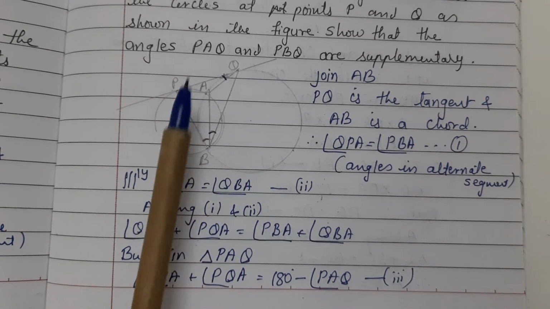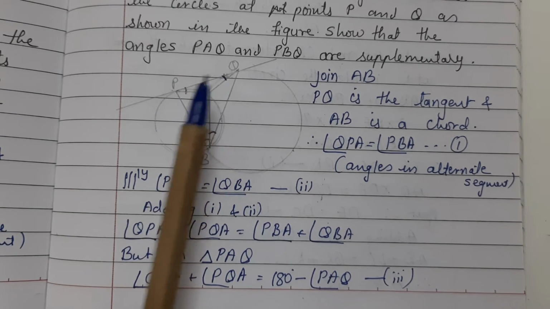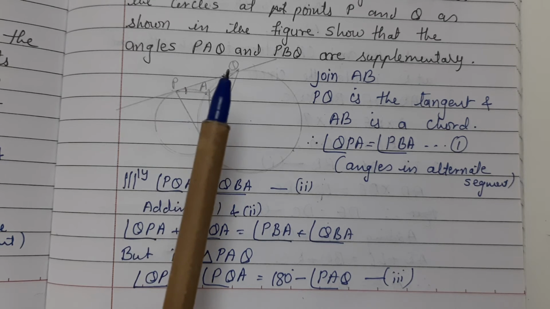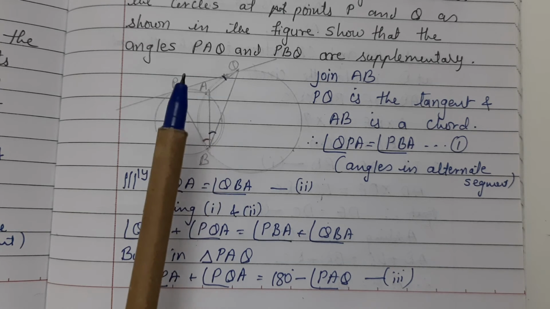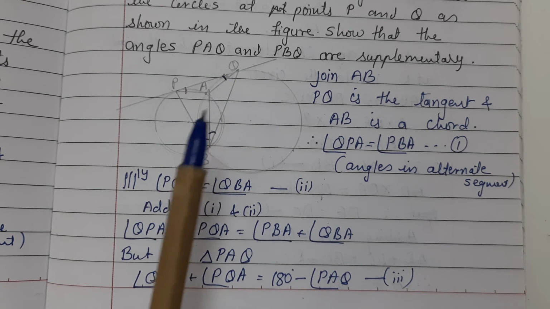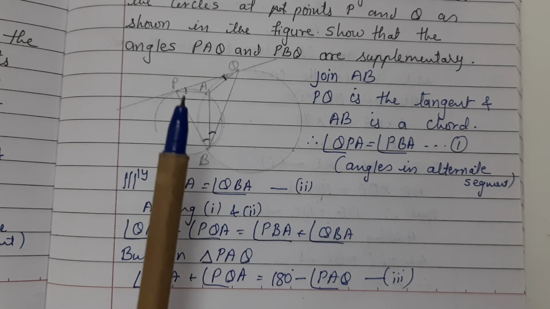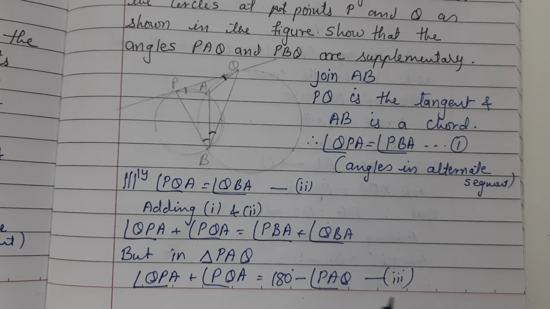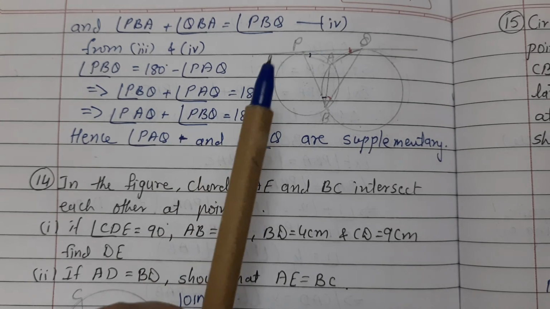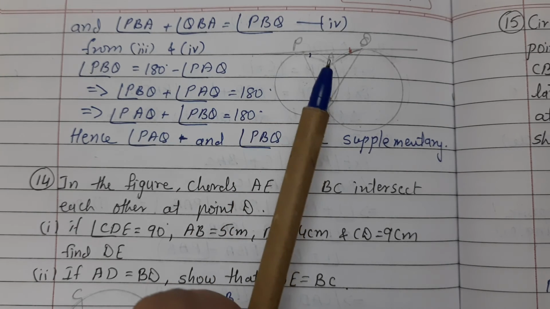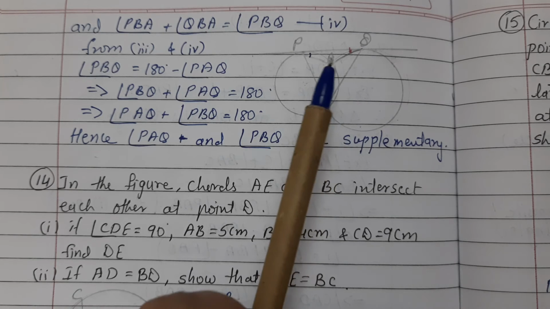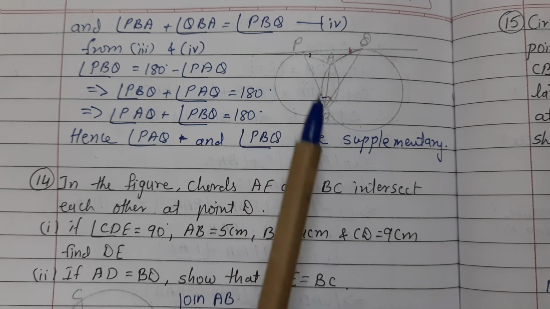In triangle PAQ, angle QPA plus angle PQA is equal to 180 minus angle PAQ. Let that be equation 3. And angle PBA plus angle QBA is equal to angle PBQ.